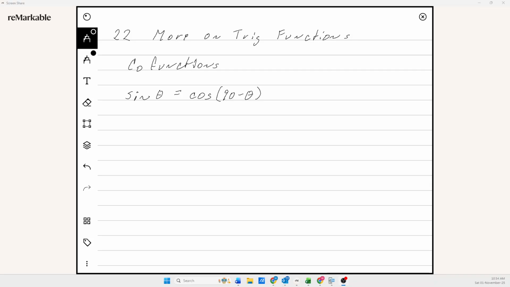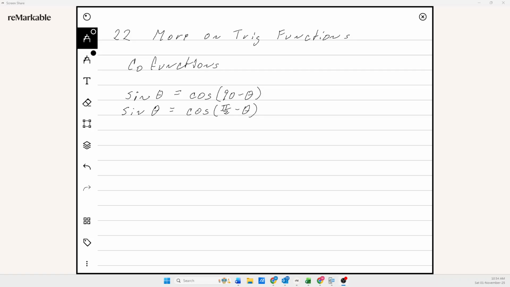And obviously, if we're in radians, then the sine of theta is going to be equal to the cosine of pi over 2 minus theta. All right, so that's what these two, sine and cosine, are what we call cofunctions.